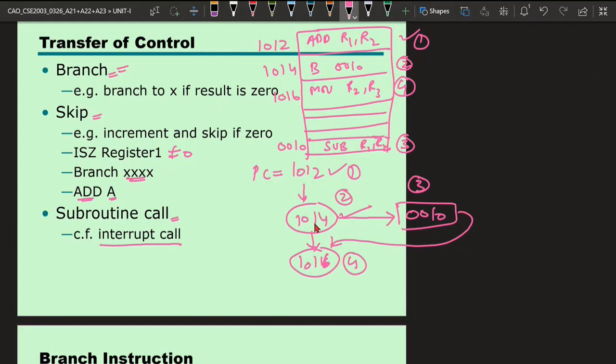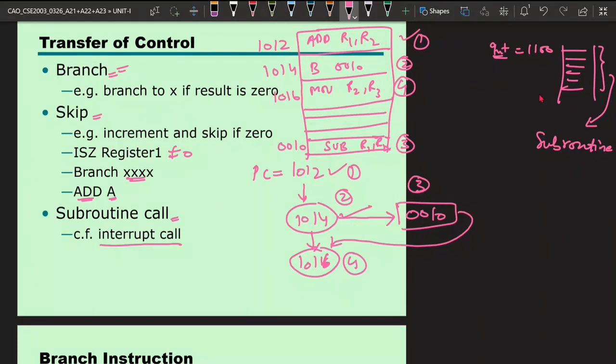Like a branch, instead of going to this location, it will be going to the location of the interrupt. At this interrupt location, whatever the instructions are there, it will be executing them and then returning back. So all this set of instructions is called an interrupt call, or these are called subroutines.